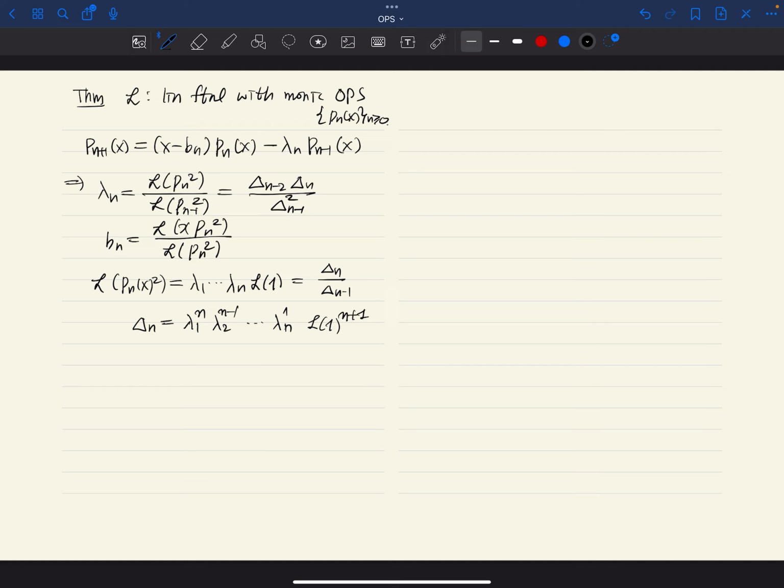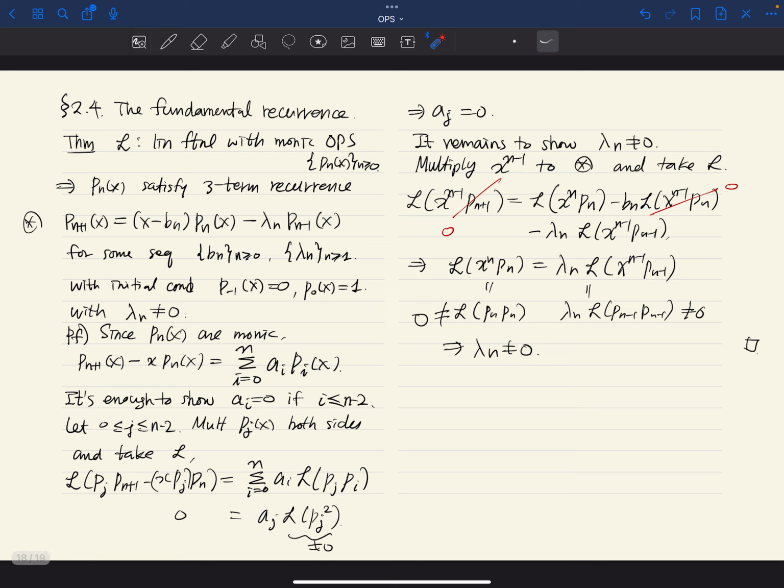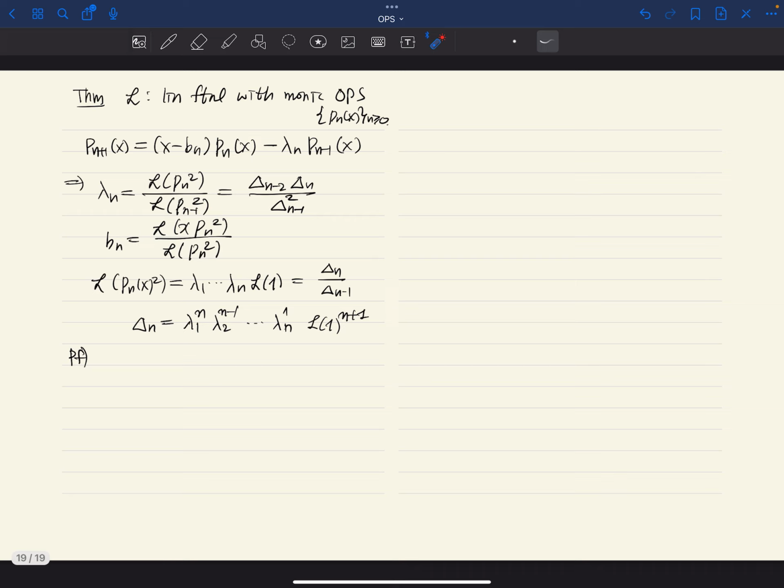So let's prove this. We actually did a lot of work already, so the proof is not that difficult. Let's look at the previous proof again. Here, we already proved that this equals this, so lambda n equals this divided by this, right? So this is okay.